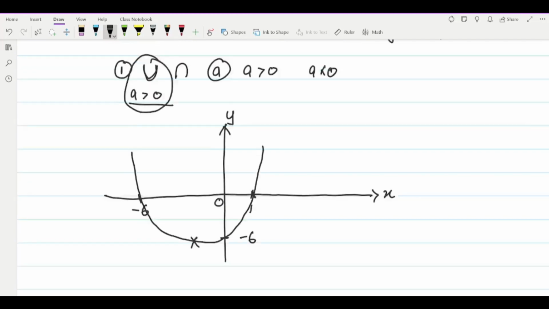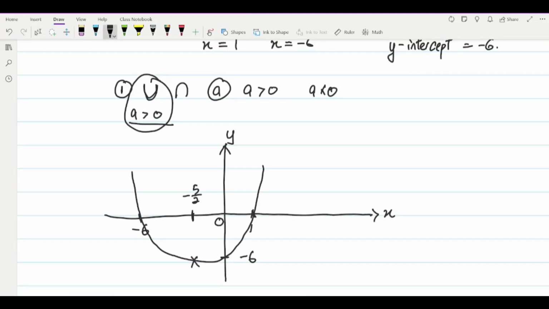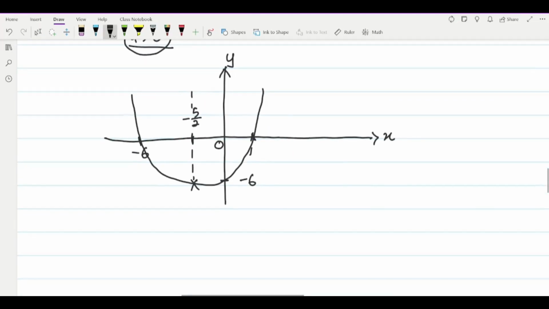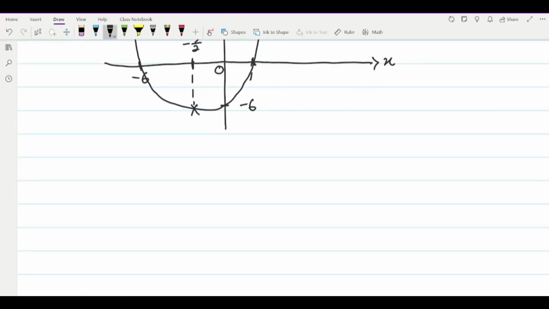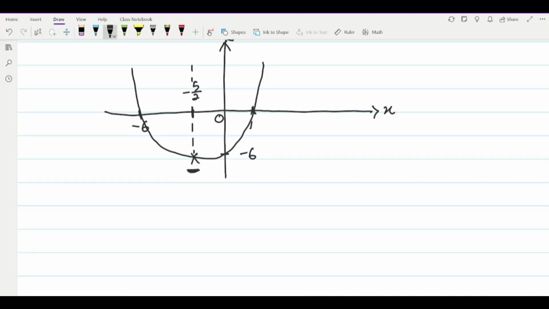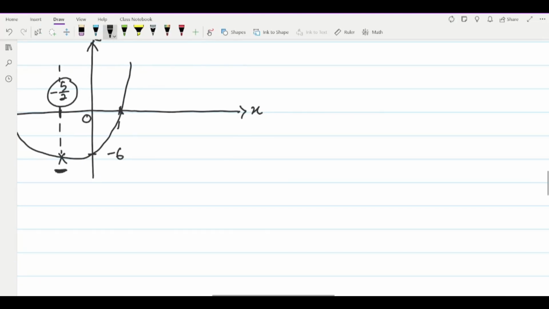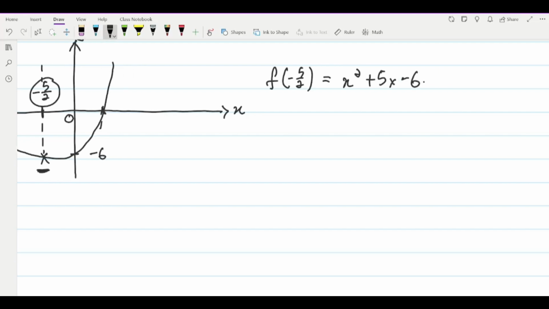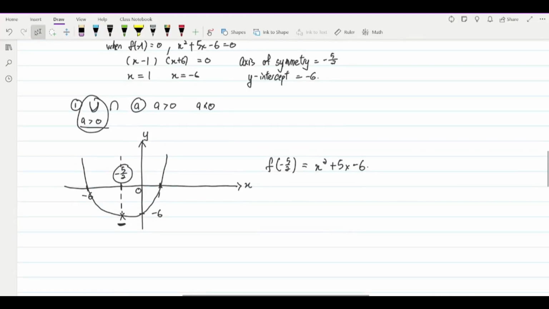The center will be like this, and this is the axis of symmetry, right? So negative 5 over 2. Okay, so here is done, but we try to find this coordinate. How to find? For here we have the value of x, right? So we directly insert or substitute this value into our equation. We can get the answer for y. This is an exercise for you to do.